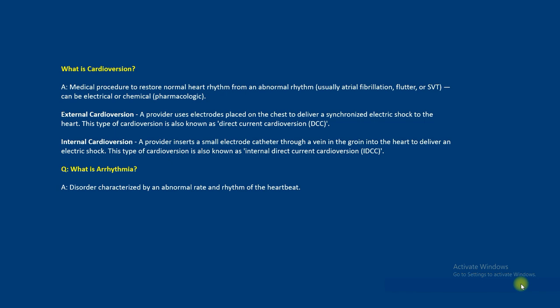Basically, the purpose of cardioversion is to regularize the rhythm. Again, we have two types of cardioversion, external and internal. External cardioversion is a very simple technique.